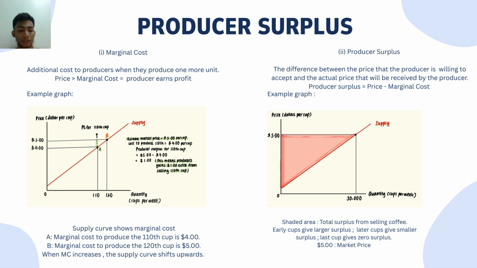The shaded area between the market price and the supply curve represents total producer surplus. Early units have lower marginal cost, so they generate larger surplus, while later units have higher marginal cost, giving smaller surplus. The last unit produced gives zero producer surplus, where price equals marginal cost.